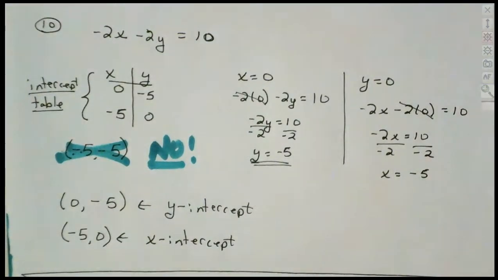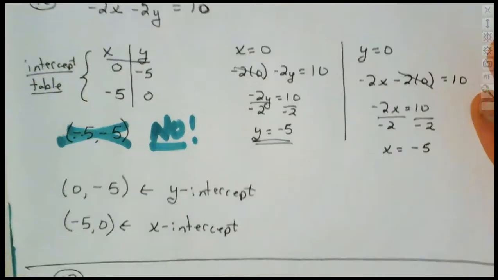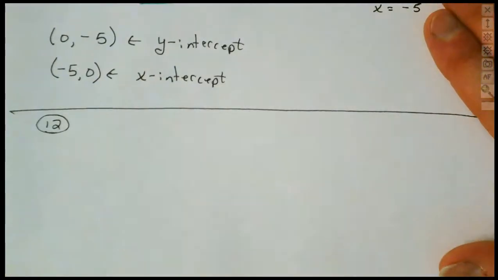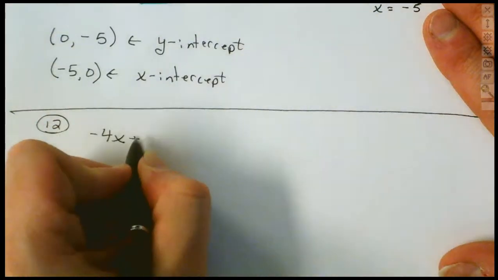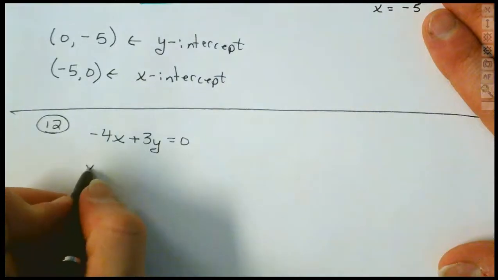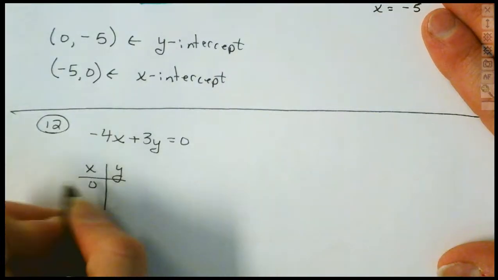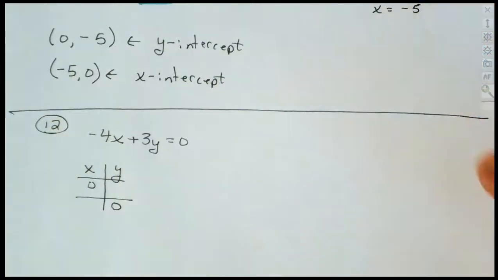Number 12 is very similar, but 12 again is going to give us the double zeros. So for 12, we have -4x plus 3y equals 0. So we're going to make our intercept table again. So nothing new. This one, though, is going to give us the double zero.